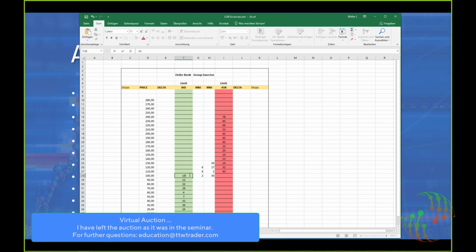Do you see what I'm trying to point you to? It's not only the auction. This is the auction, a very, very simple auction. So let's stop it here. If you want, we can repeat it again.